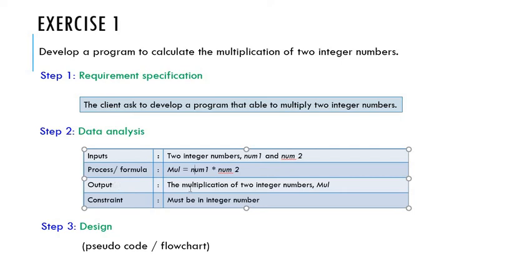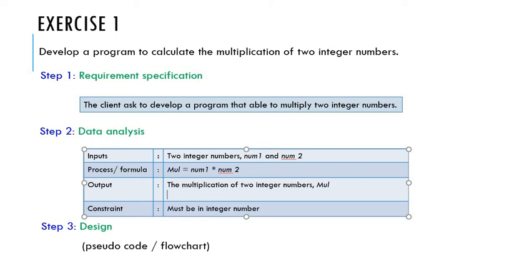The expected output, of course, is the multiplication of 2 integer numbers, which is mul. Maybe for the output you can add on to display the result of mul.